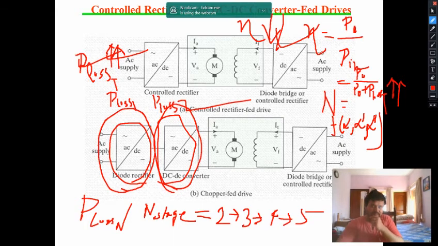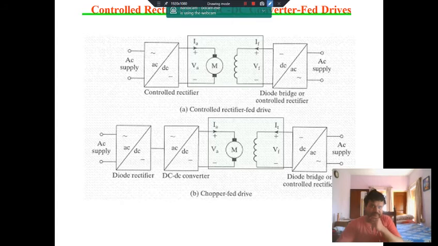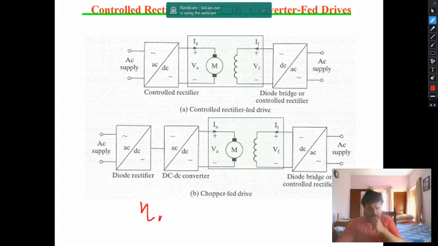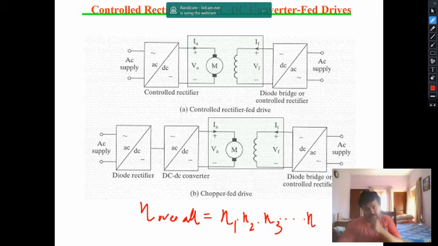Generally, for n number of stages, your overall efficiency will be eta 1, eta 2, eta 3, dot dot dot, eta n, where n varies from 1 to N. So this will be a small n, not capital N. So n will vary from 1 to capital N. Now each of these efficiencies will be less than 1.